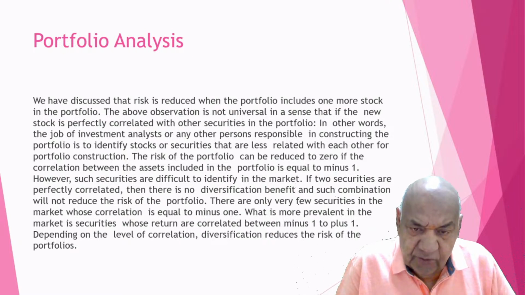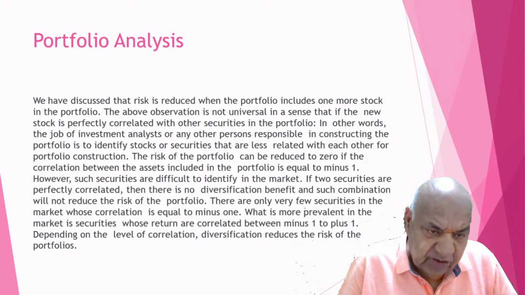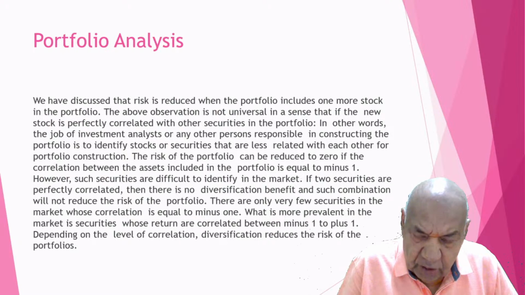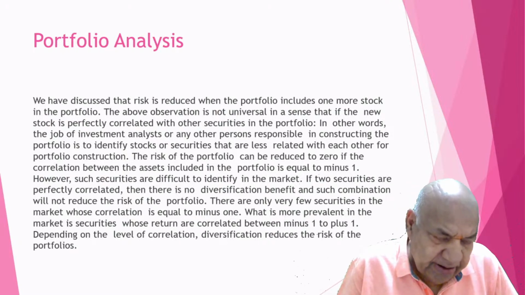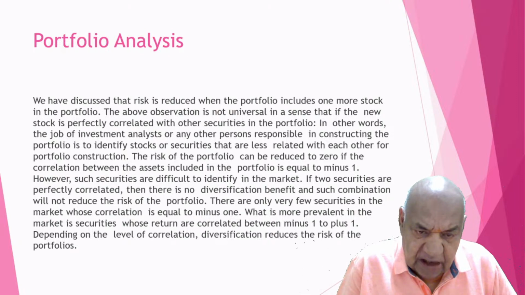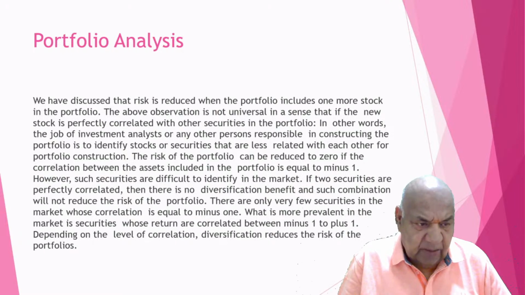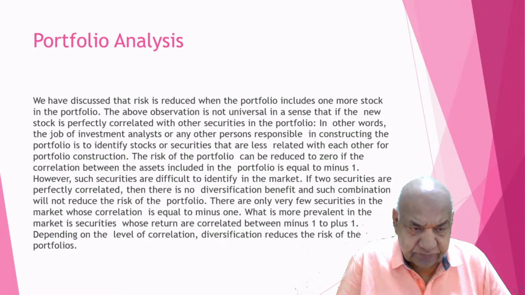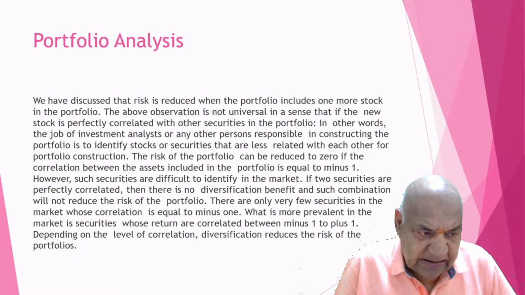The risk of a portfolio can be reduced to 0 if the correlation between the assets included in the portfolio is equal to -1. However, such securities are difficult to identify in the market. If two securities are perfectly correlated, then there is no diversification benefit and such a combination will not reduce the risk of the portfolio.